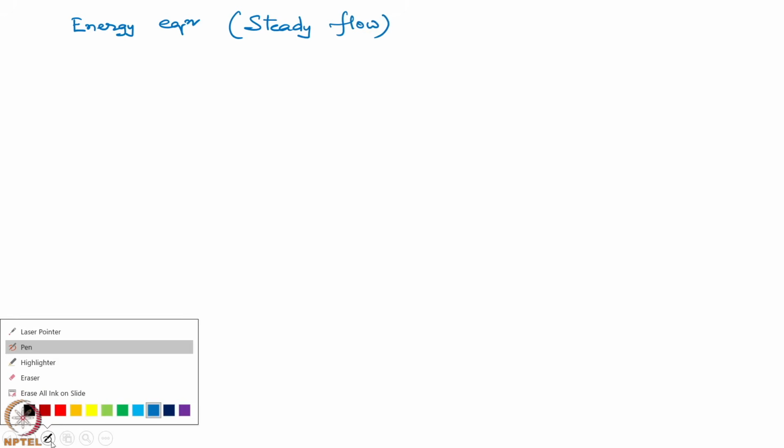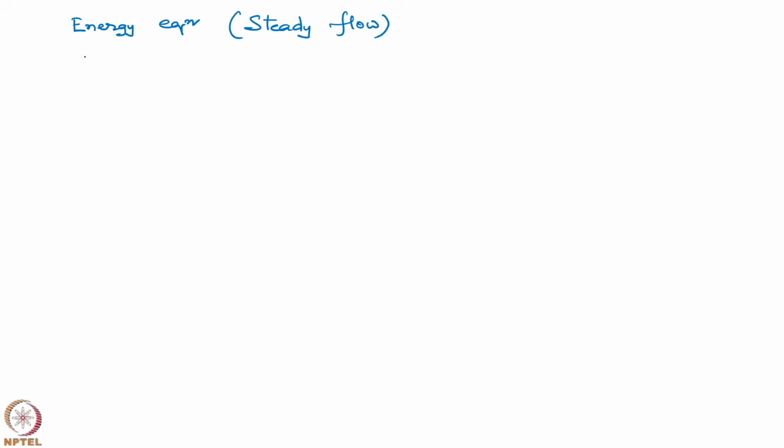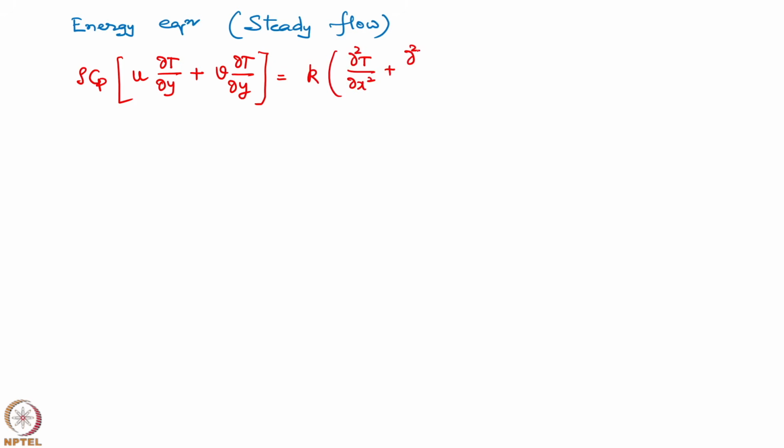Okay. So the energy equation would be rho Cp, U dou T by dou X plus V dou T by dou Y, which is the convection term on the left hand side, is equal to the conduction term, K into dou square T by dou X squared plus dou square T by dou Y squared.